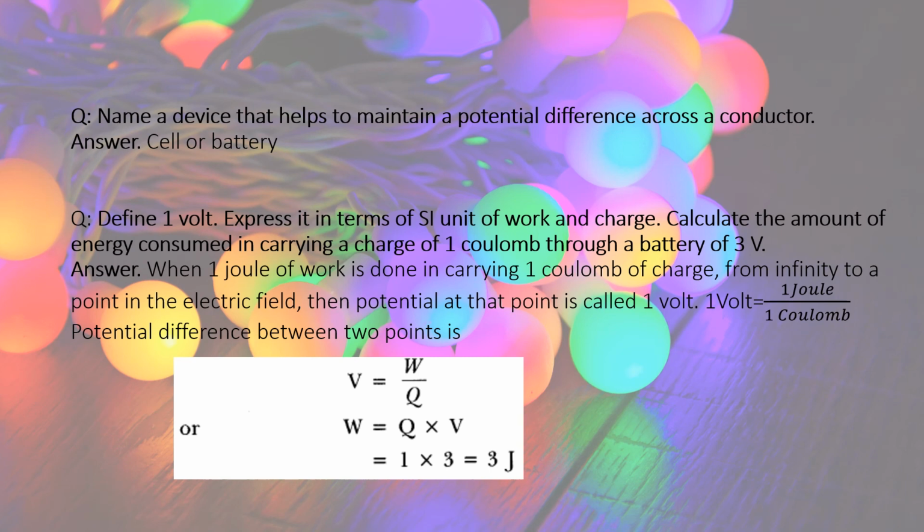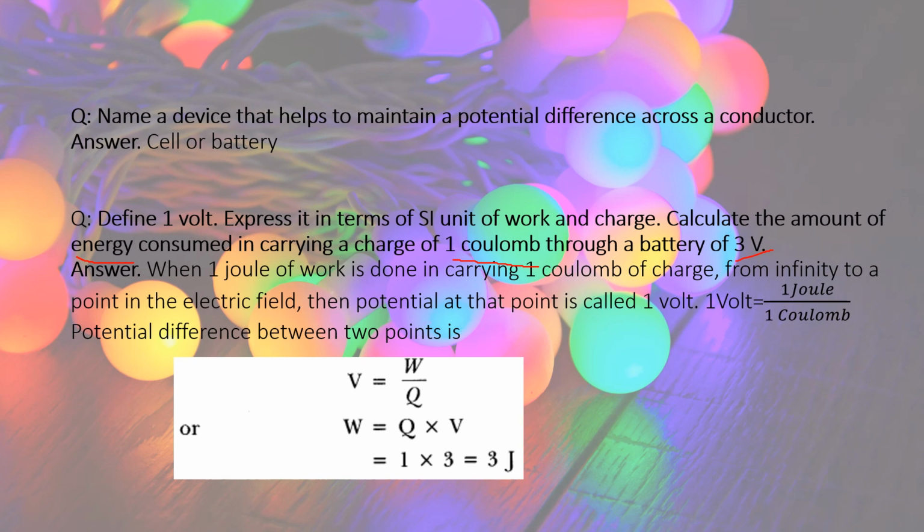Next, calculate the amount of energy consumed in carrying a charge of 1 coulomb through a battery of 3 volt. So here you can see that charge is given as 1 coulomb and potential difference is given as 3 volt. We have to find out the energy. Energy is same as the work done.